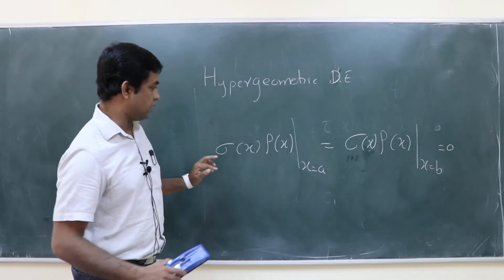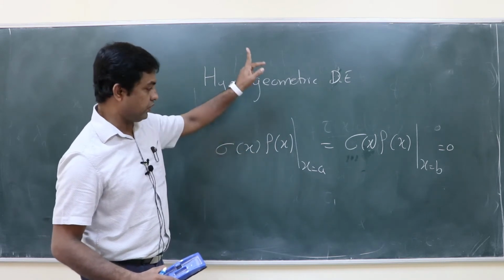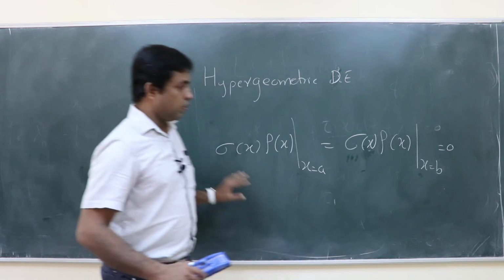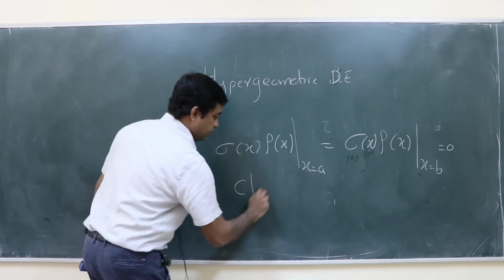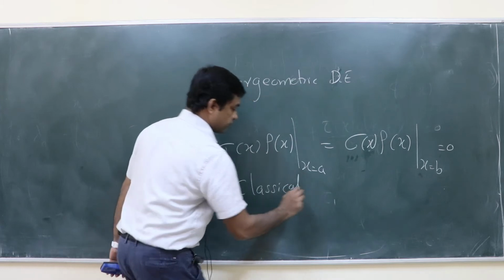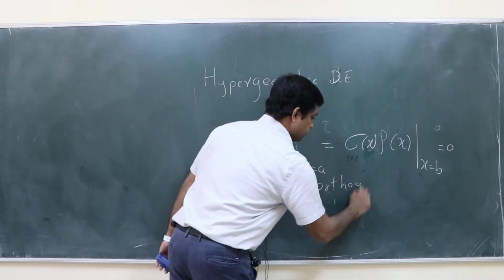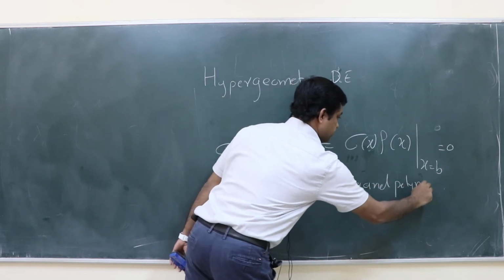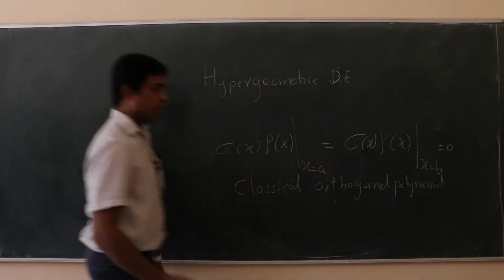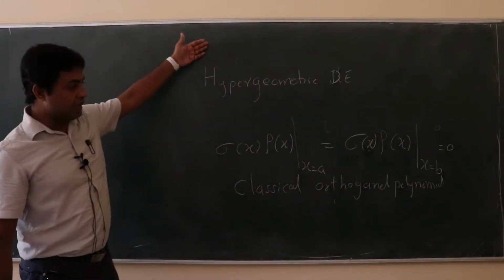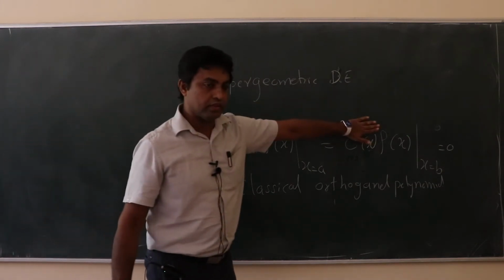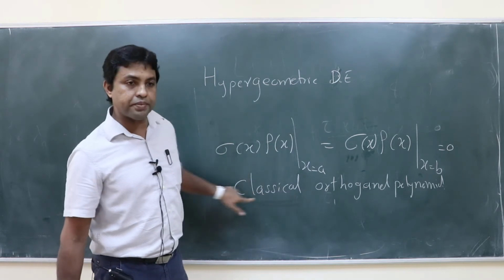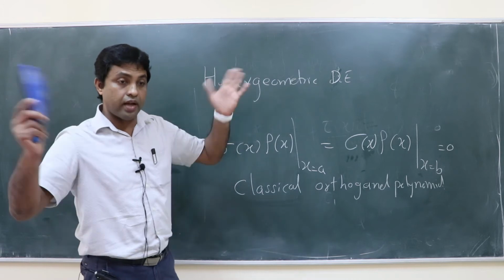Sigma of x into rho of x, the weight function, at x is equal to a and x is equal to b, if that is equal to 0, then we get classical orthogonal polynomials, if additionally this condition is also satisfied. So there are three types of classical orthogonal polynomials, three classes.